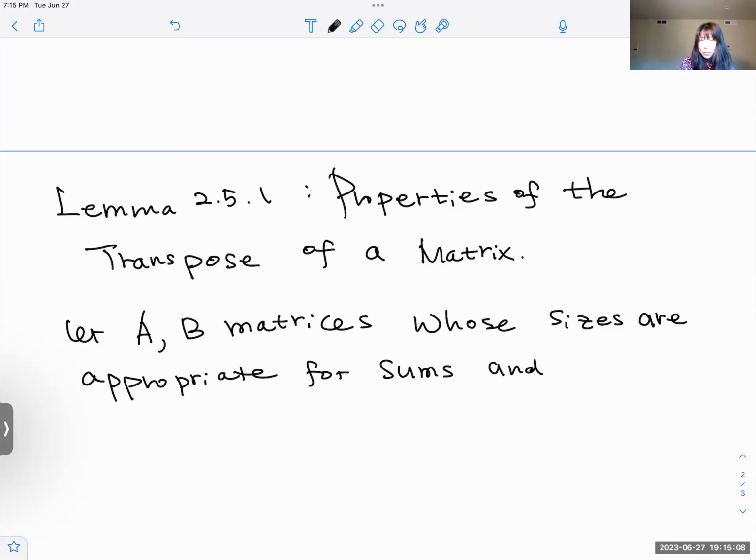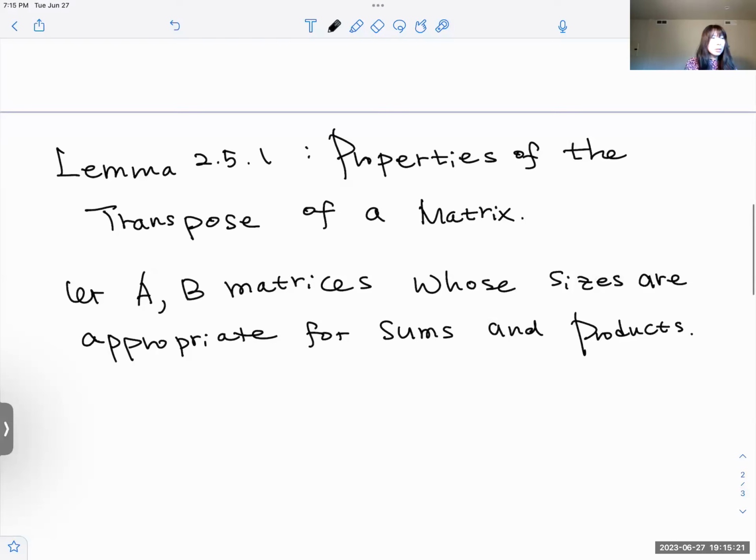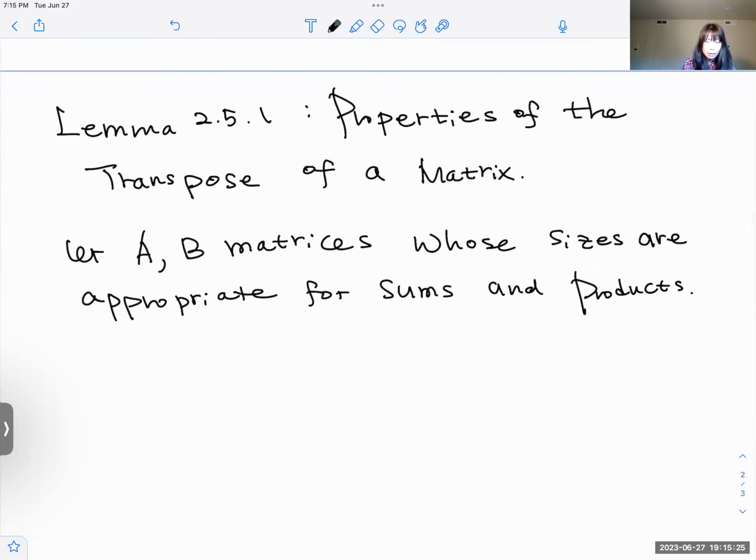And for a product, we have to check the size too, whether the inner dimensions are the same. Okay, they meet all the qualifications. So the first one: A transpose, transpose again, gives us A.